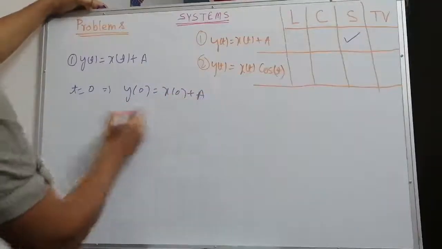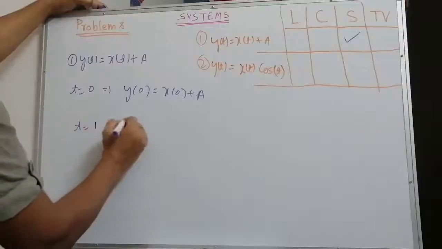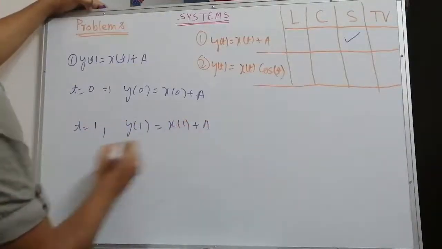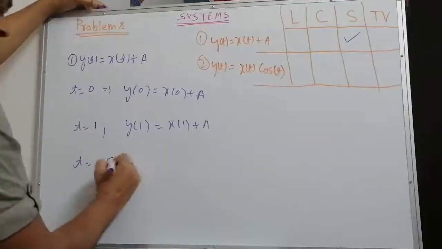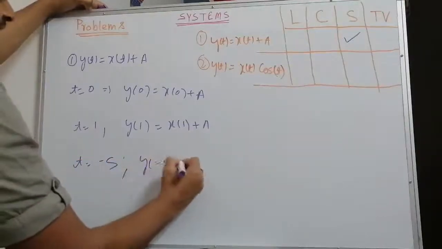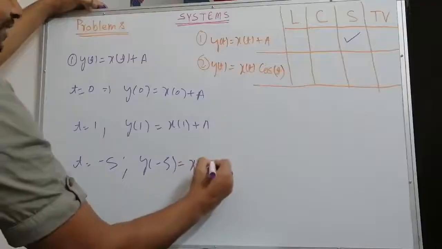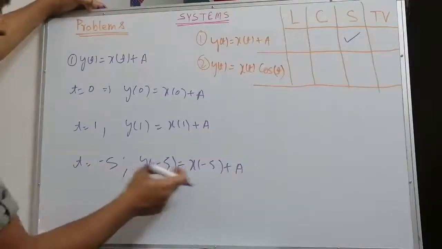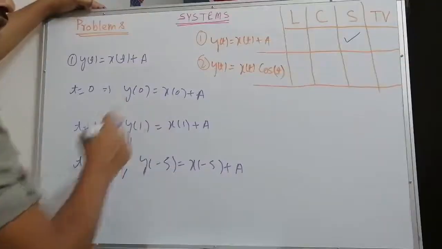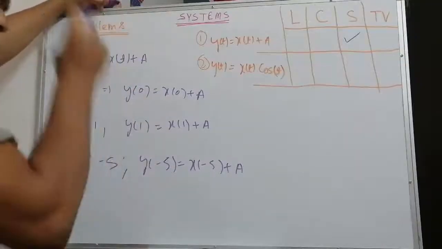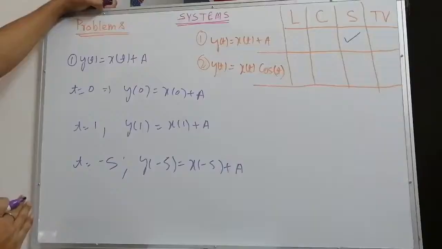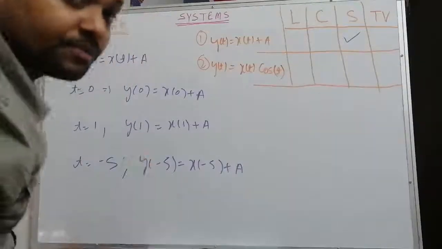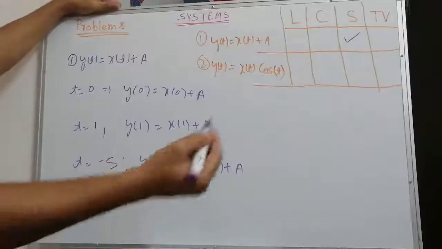Similarly, t equals 1, y of 1 is equal to x of 1 plus a, and t equals minus 5, y of minus 5 is equal to x of minus 5 plus a. Whatever value we put here, the output depends on the same value of the input, which means this system depends only on the present value. If it depends on the present value, then it is a causal system. So this system is causal.